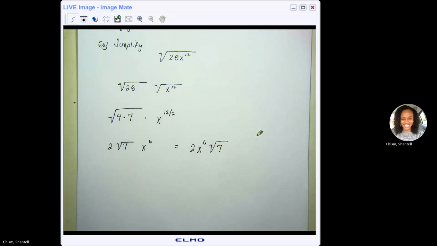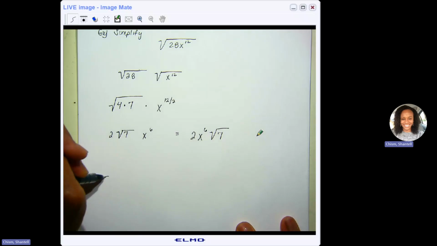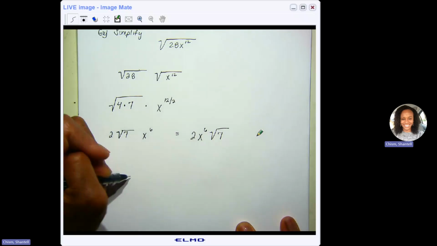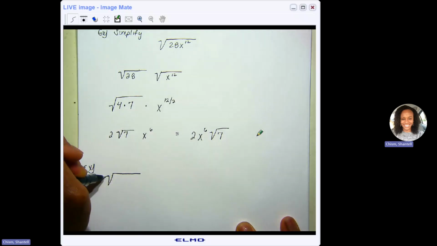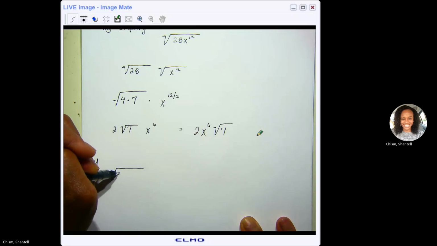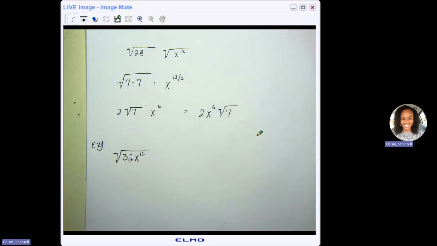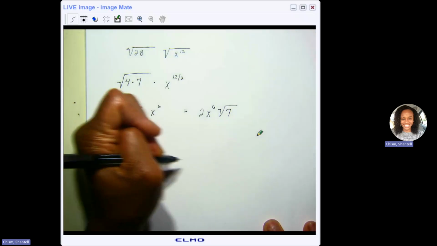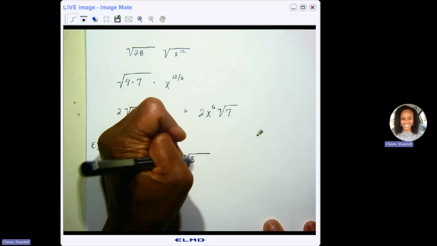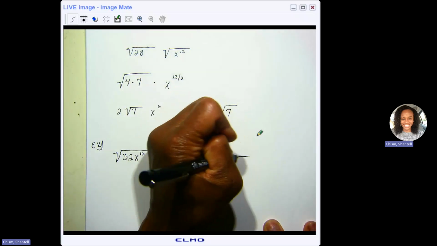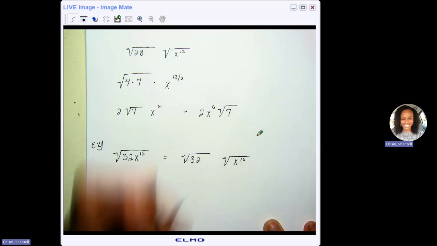Let's see if I can think of one more here, similar to that. Let's go with the square root of 32 x to the 16th. I'm going to write 32 with its own radical, and x to the 16th with its own radical.